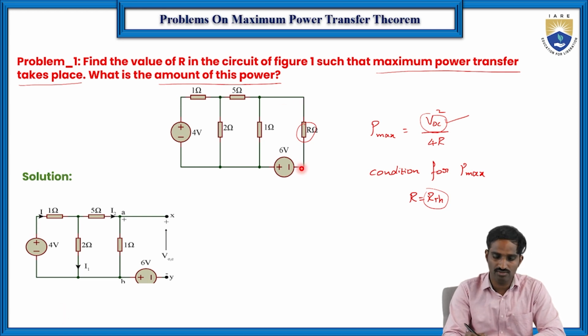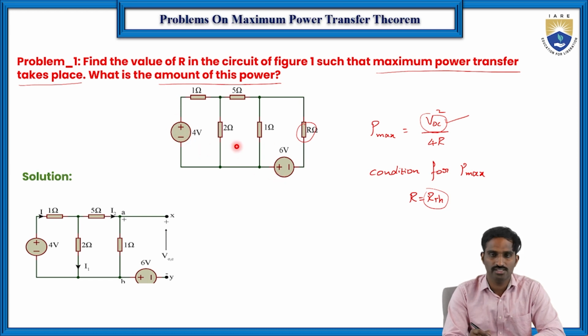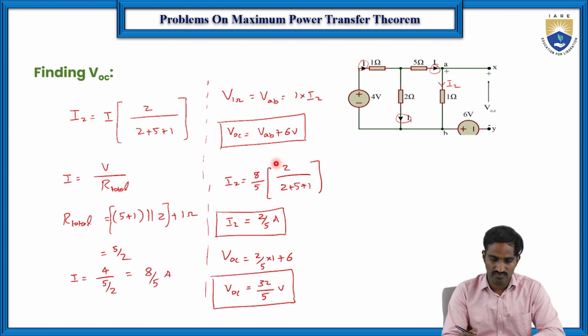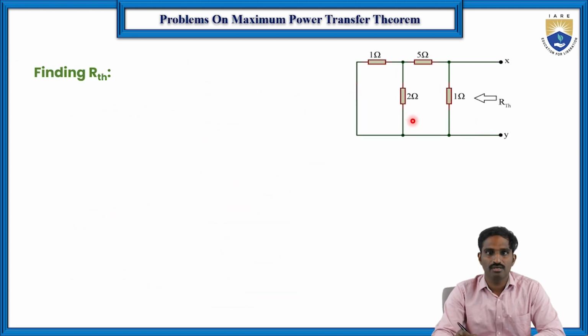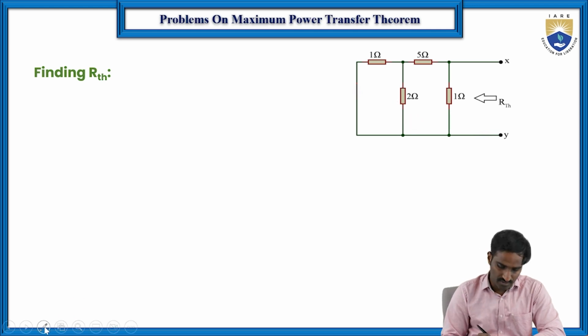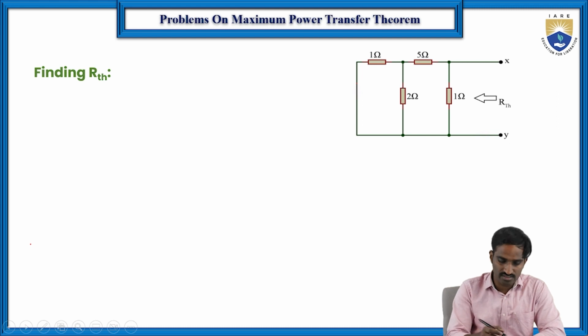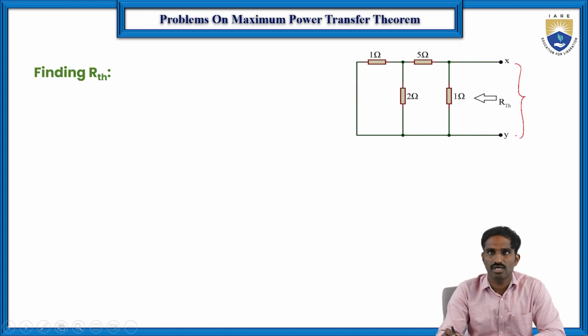In that case we need to replace all the voltage sources with a short circuit and the current sources with an open circuit. But here we have only voltage sources, so this is the R Thevenin equivalent circuit. Then find the equivalent resistance across these two terminals X and Y, which is R Thevenin.